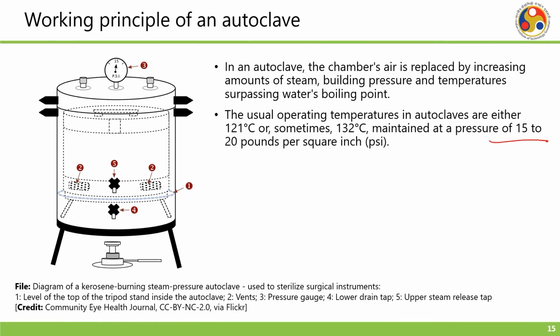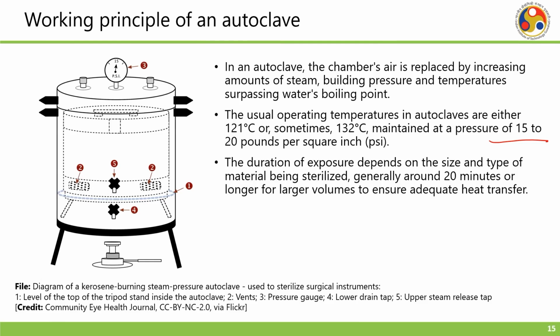And maintaining a pressure of around 15 to 20 psi, pounds per square inch, is also very critical. So, the duration of exposure depends on the size and type of material being sterilized, generally around 15 minutes to 20 minutes or longer.